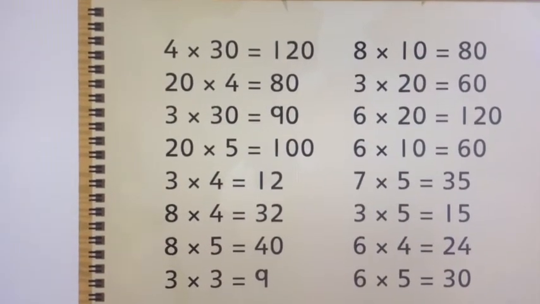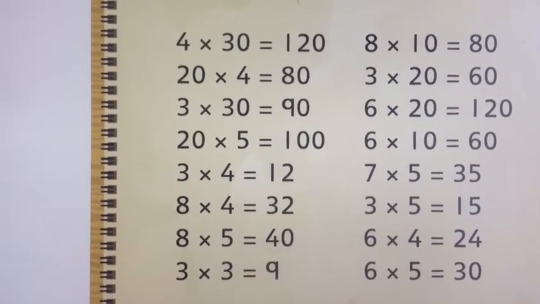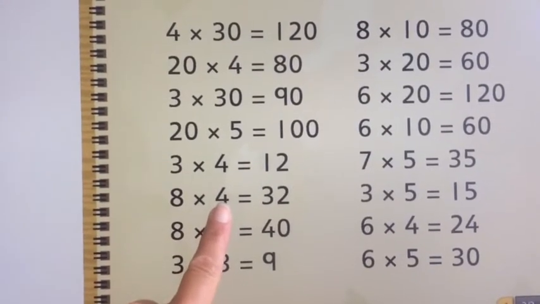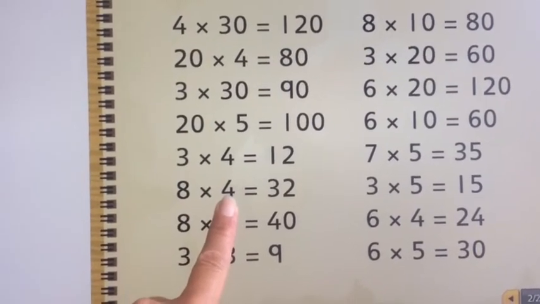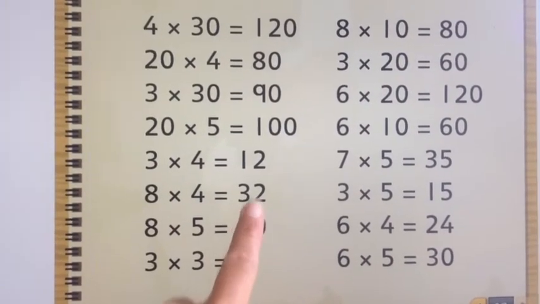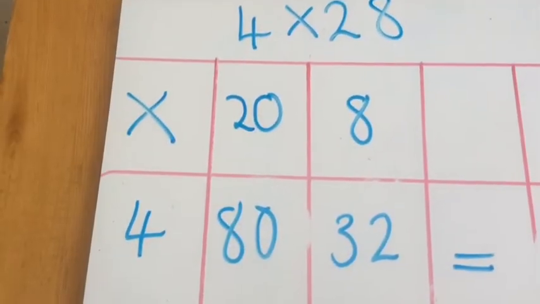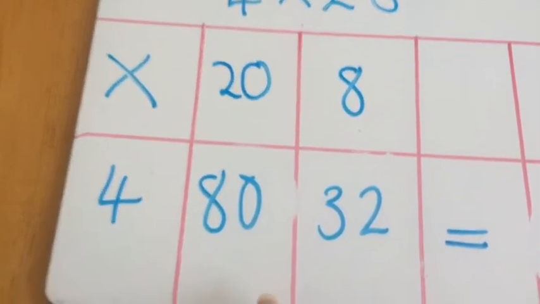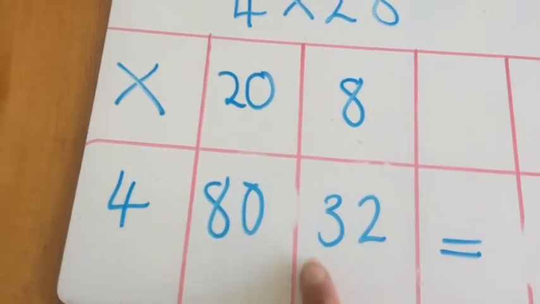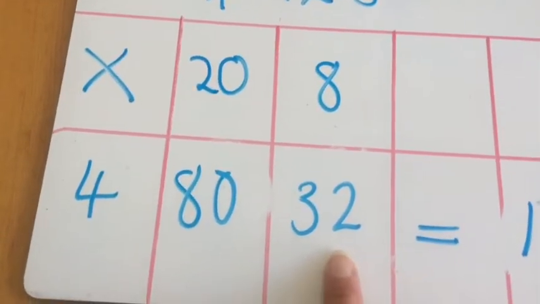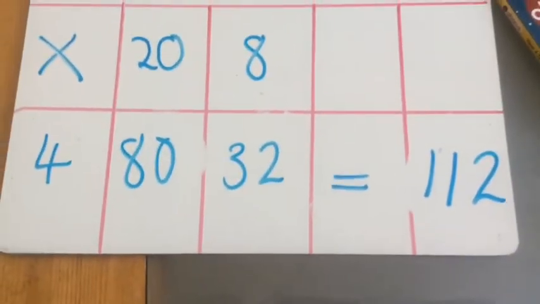We now need to work out 4 8s, but that wasn't there either. But look, 8 4s were. And we know multiplication is commutative. You can do it in any order, so you get the same answer, 32. There we have it. And we need to add it together. 80 and 20 gives you 100, but we need 10 more, so that's 110. And then we need the 2 units, so that's 112.